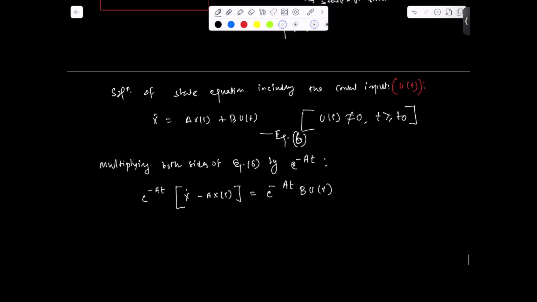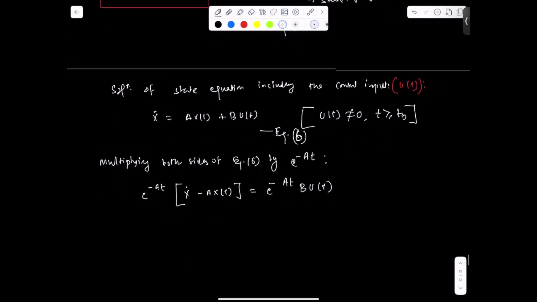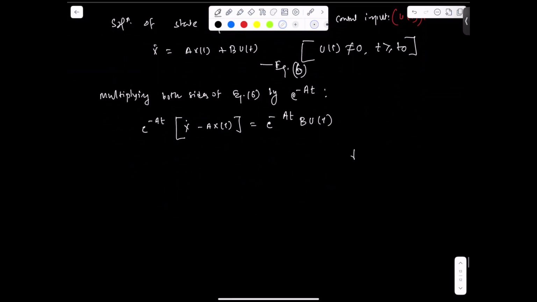Right. So now we know that d by dt of e to the power minus At x of t, we can write as e to the minus At x dot of t minus e to the minus At A x of t.